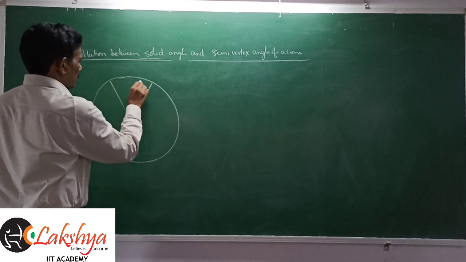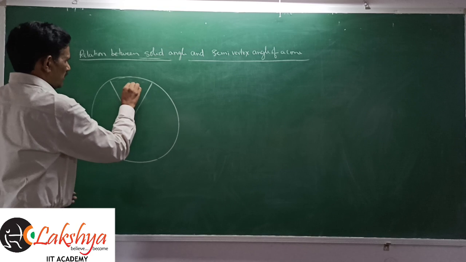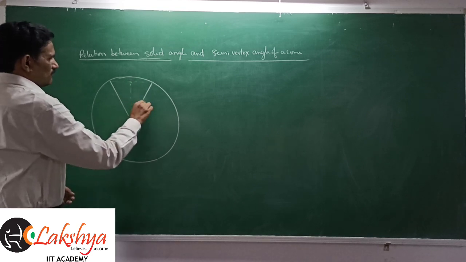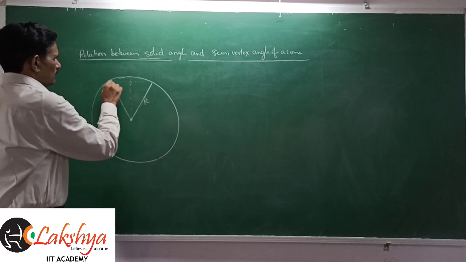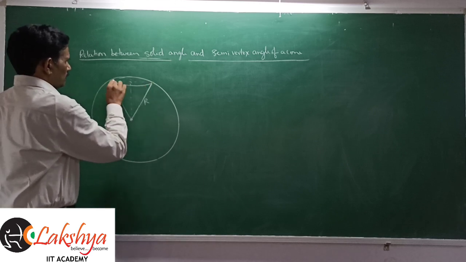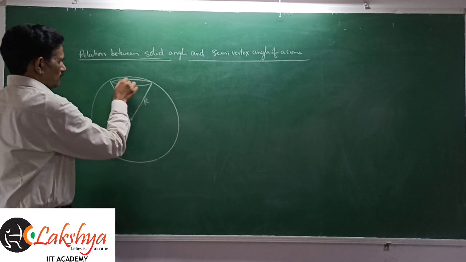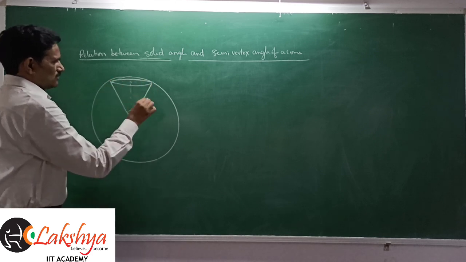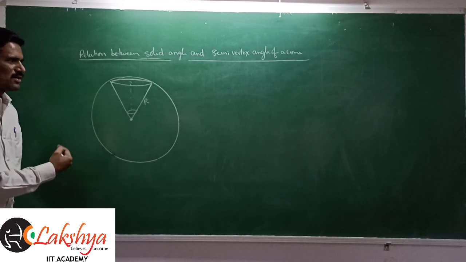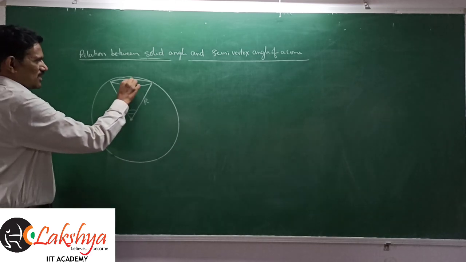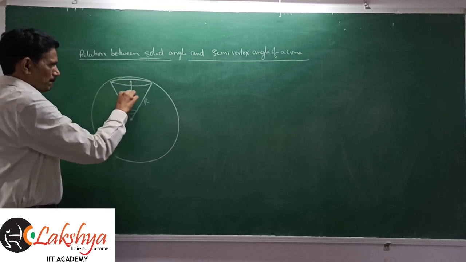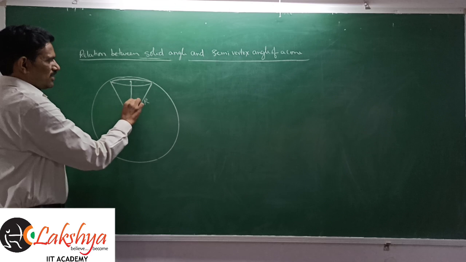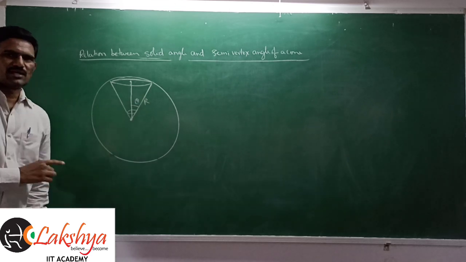Now this is a cone of base radius, suppose a small r, that I am taking here. This is a solid angle you will get in three dimensions. Suppose I am taking the semi-vertex angle as theta.